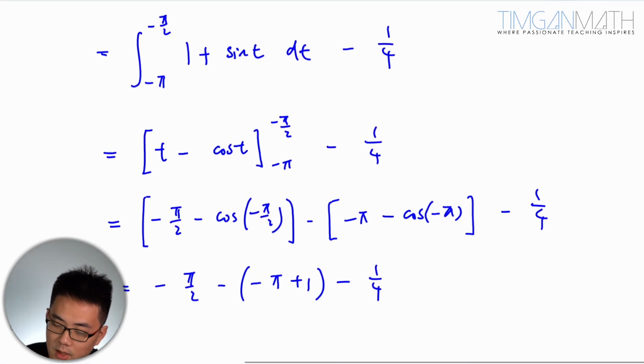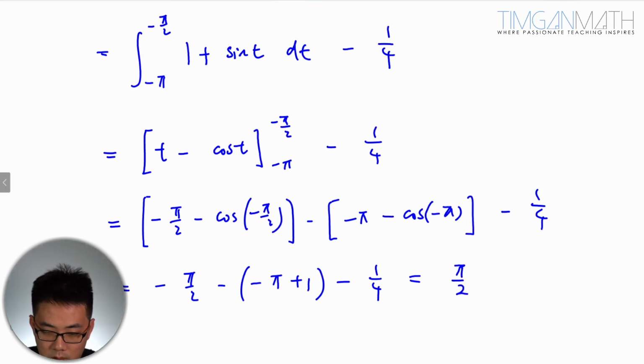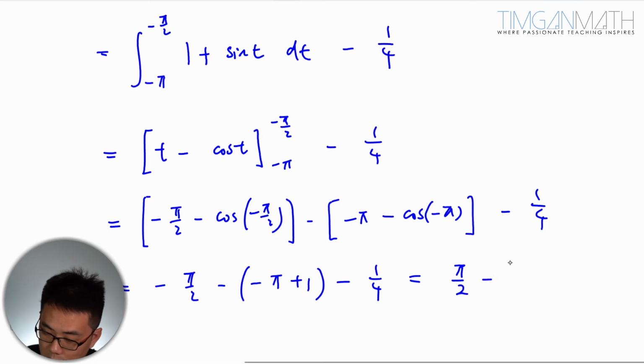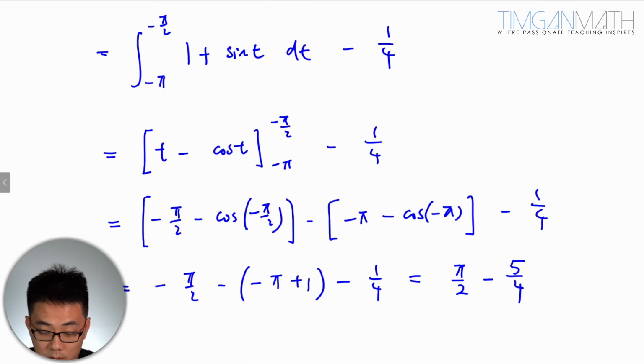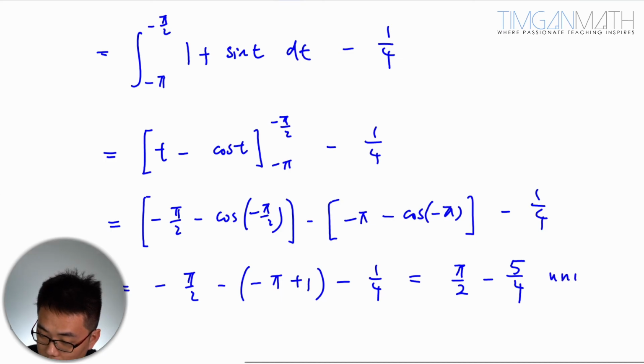So expand everything out. What we'll get is pi over 2. Yeah, it's a positive answer here. So this is square units.